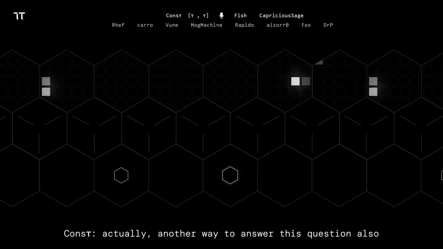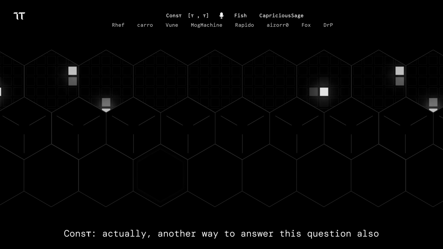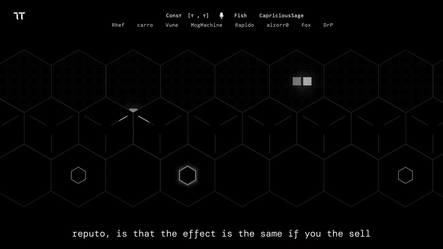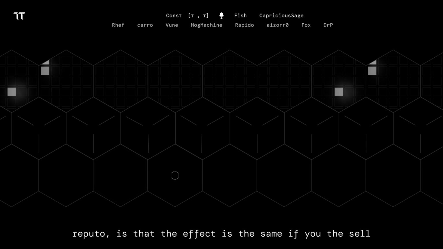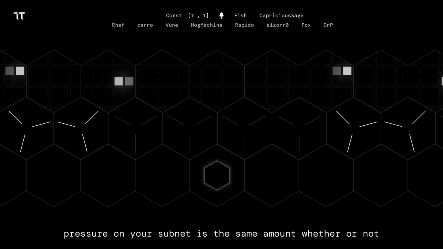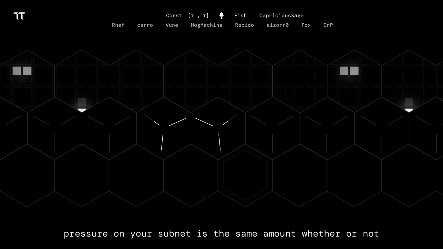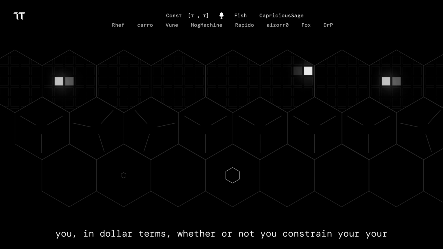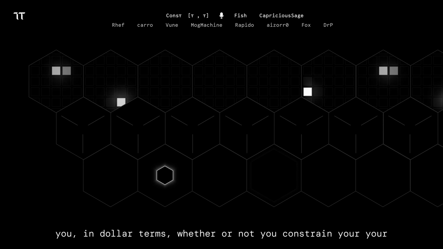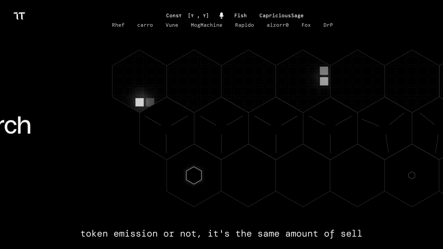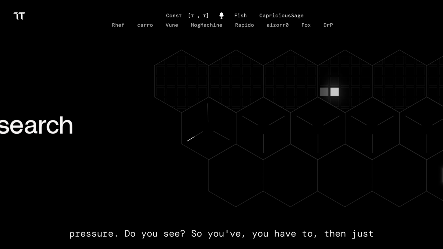So actually, another way to answer this question also, Rapido, is that the effect is the same. The sell pressure on your subnet is the same amount, in dollar terms, whether or not you constrain your token emission. It's the same amount of sell pressure.